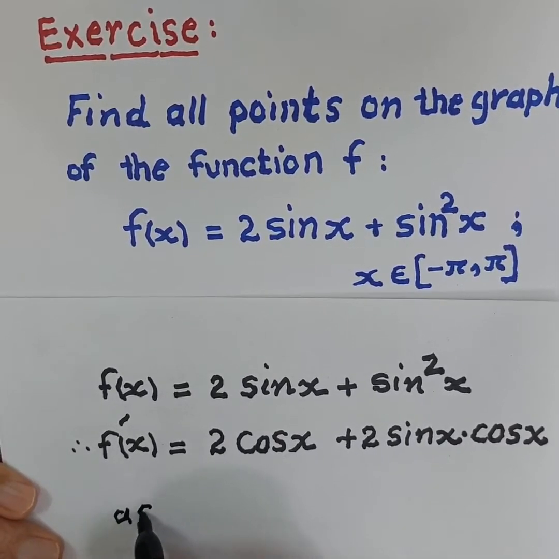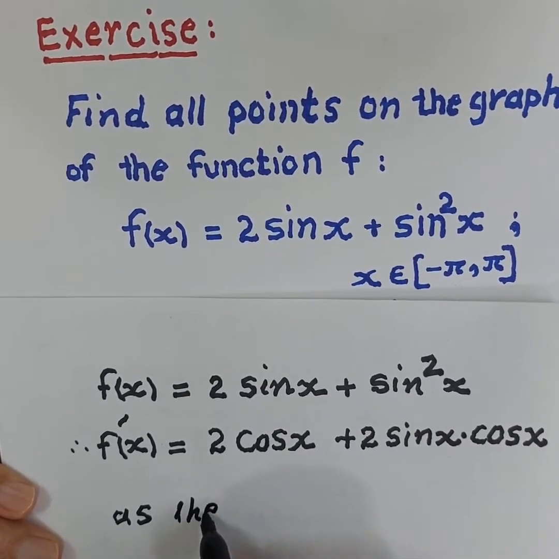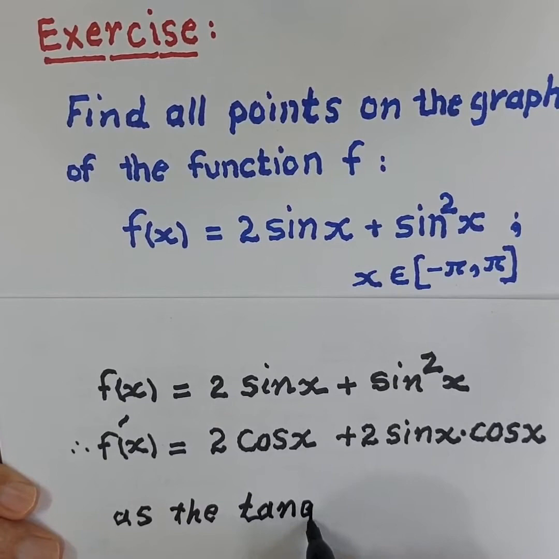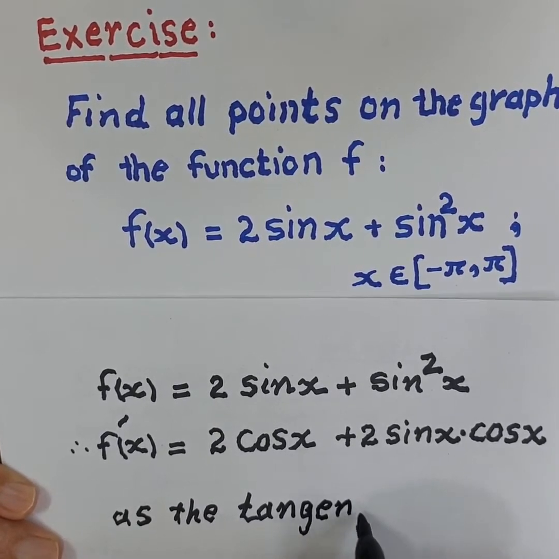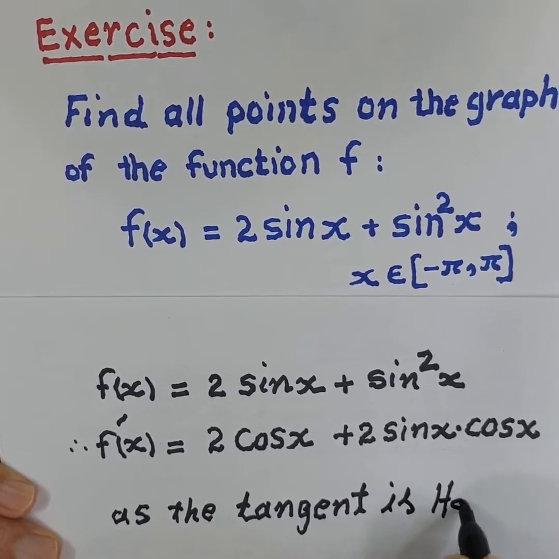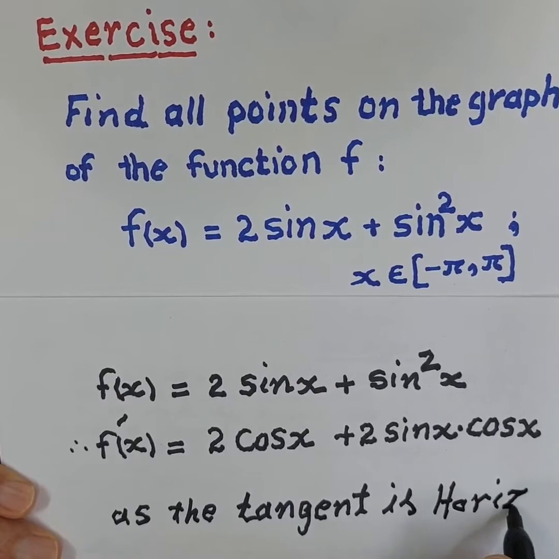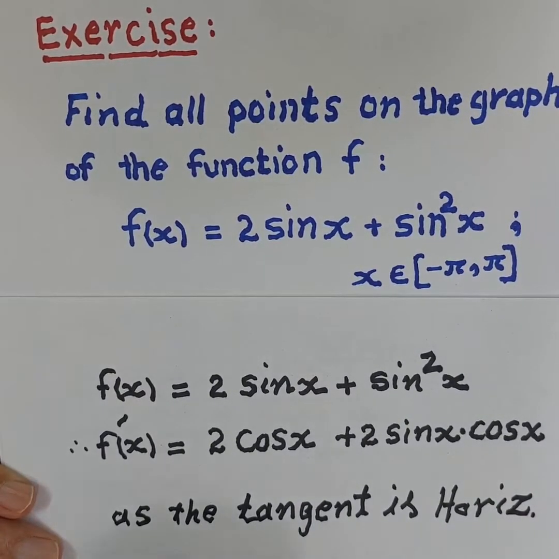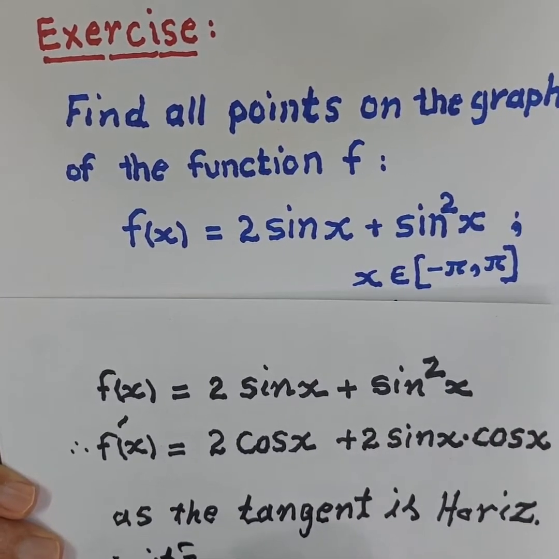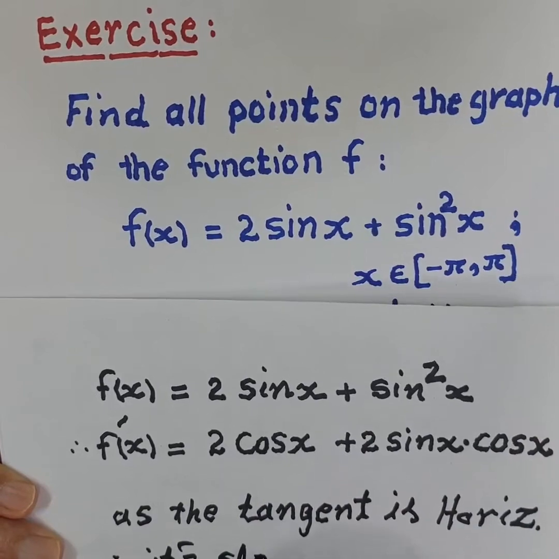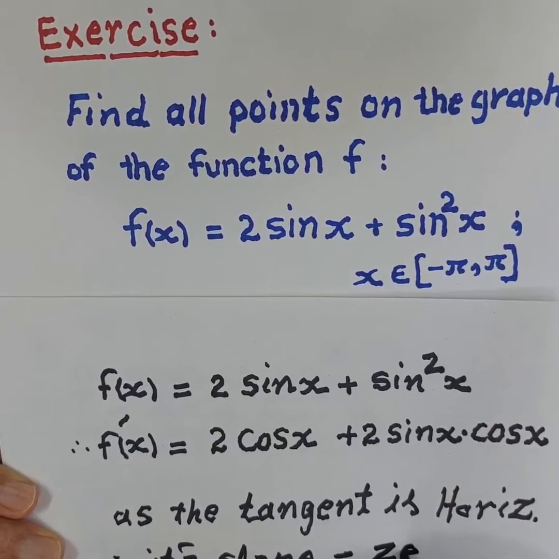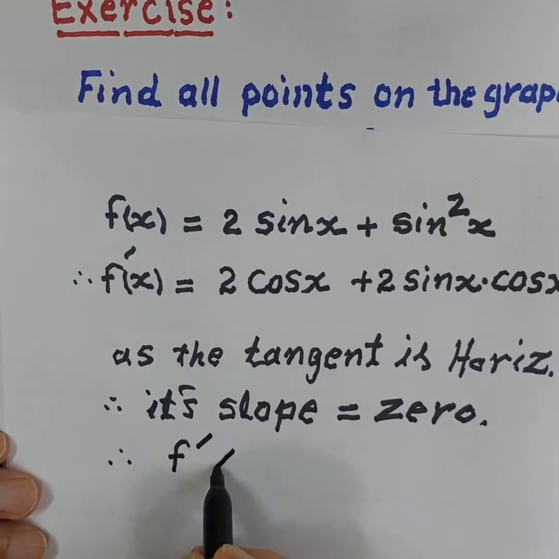As the tangent is horizontal, its slope will be equal to 0.